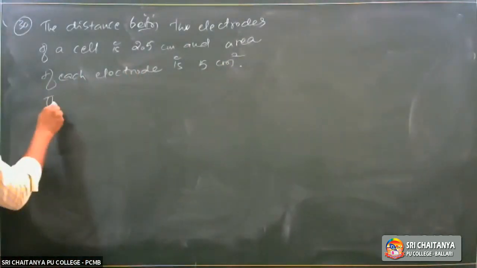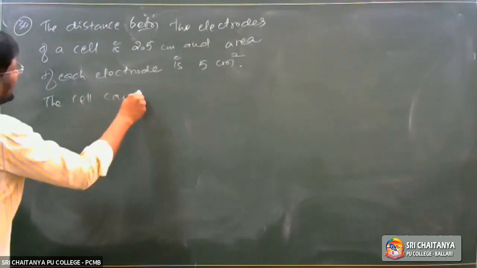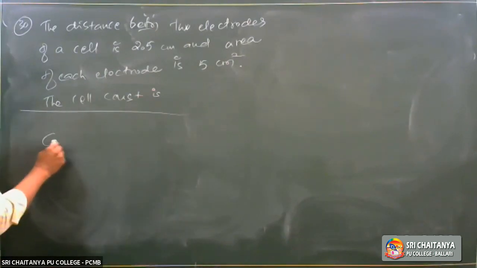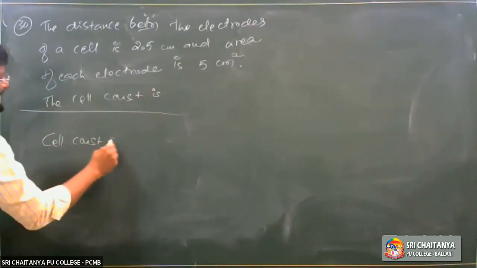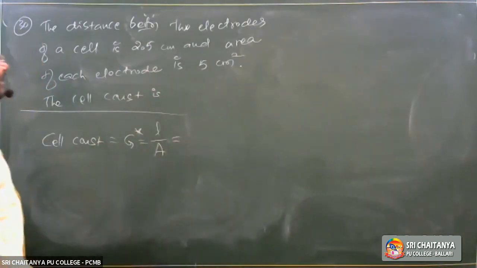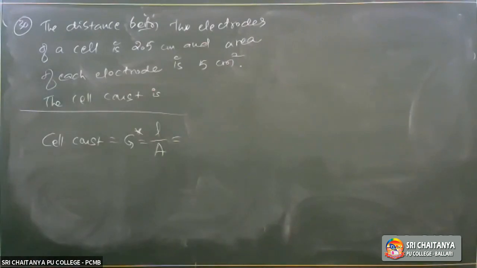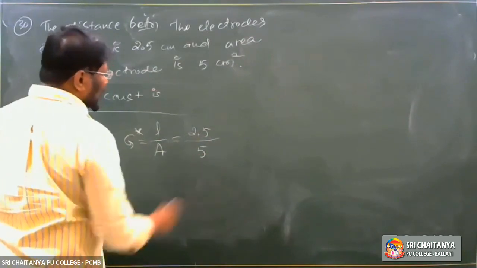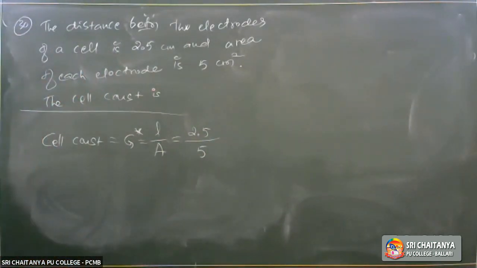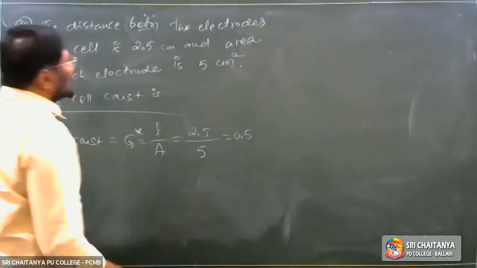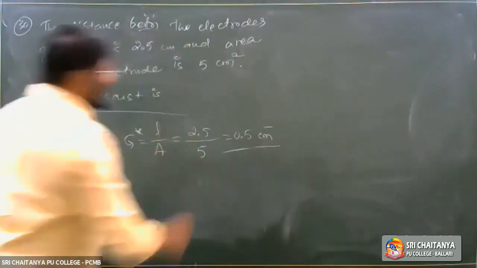Direct question: the cell constant, G star, is equal to L by A. L is given as 2.5, divided by 5. This is the answer: 0.5 centimeter inverse.